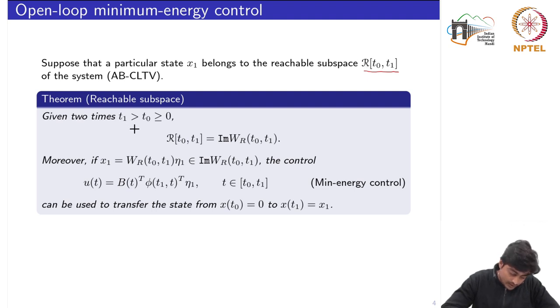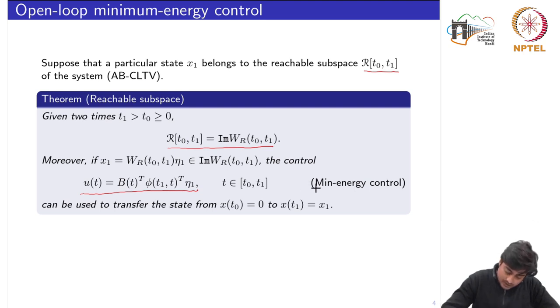If you recall, this was one of the main results where we characterized the reachable subspace in terms of the reachable Gramian. We also specified that if x1 belongs to this reachable subspace, meaning there exists an eta 1 such that this equation is satisfied, then this control can be used to transfer the state from the origin to x1.